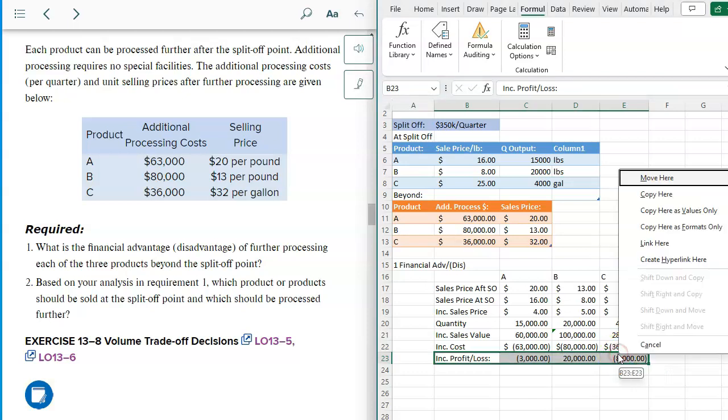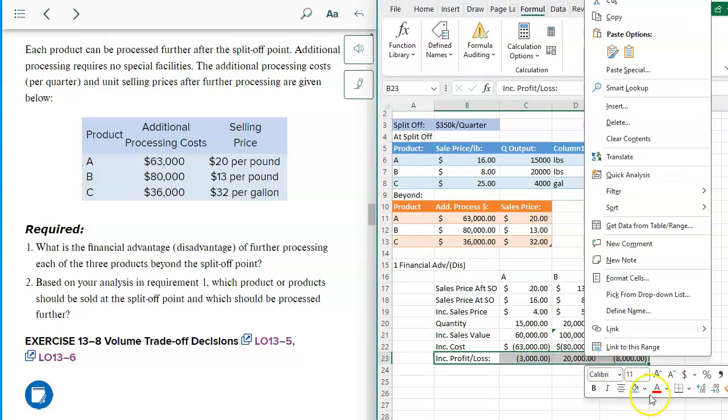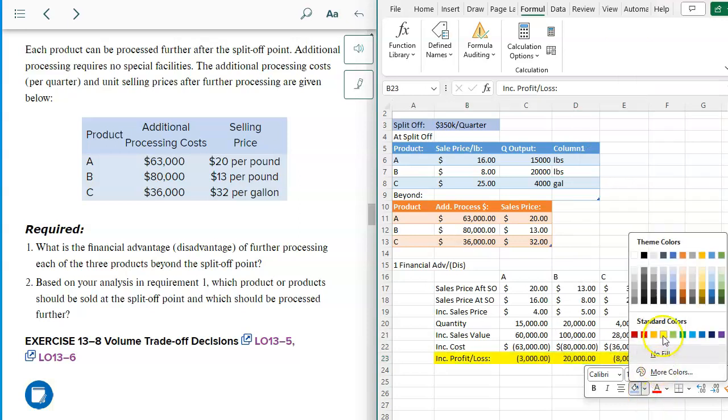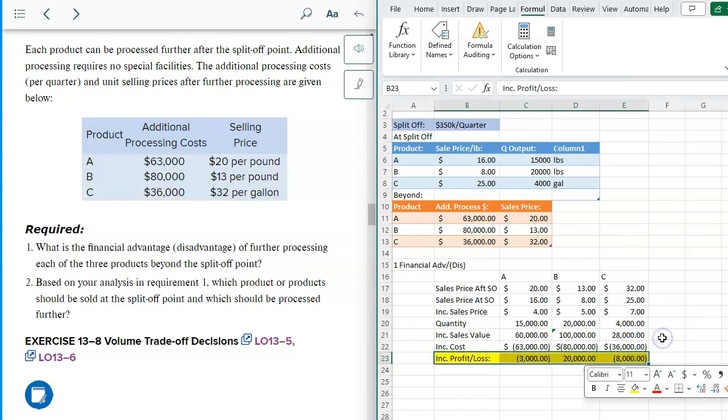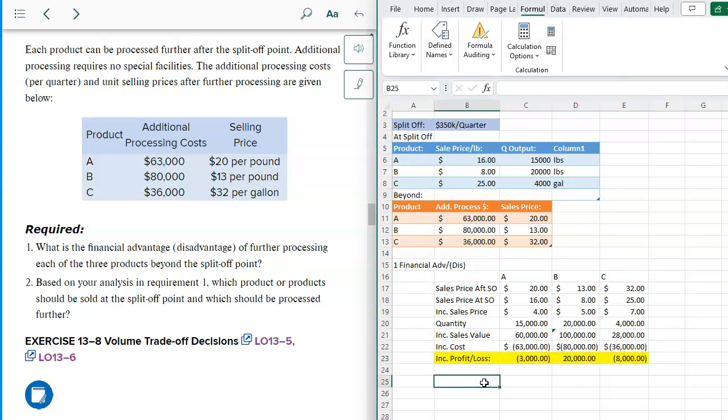Fill that in so we can see it a little better. And the question 1 is asking the advantage or disadvantage of further processing beyond the split-off point. And we can see that product A is a disadvantage, product C is at a disadvantage, but product B, we are up 20 grand.